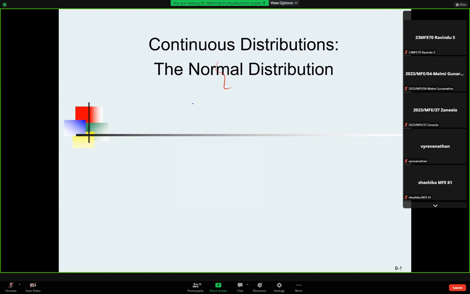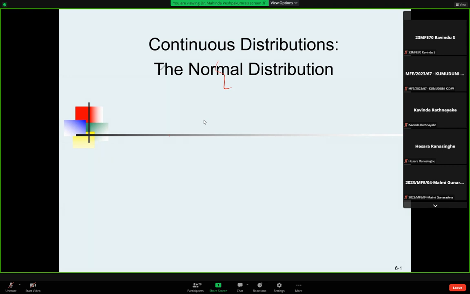Okay, then today our discussion is about continuous probability distribution. In previous sessions, we had a discussion about discrete probability distribution, where we learned how to calculate probability related to discrete random variable.